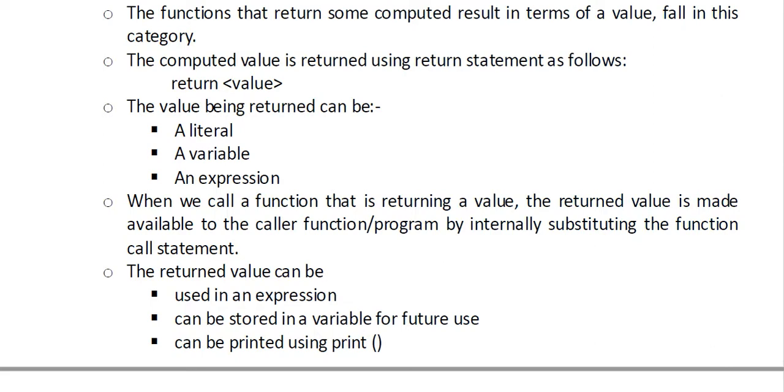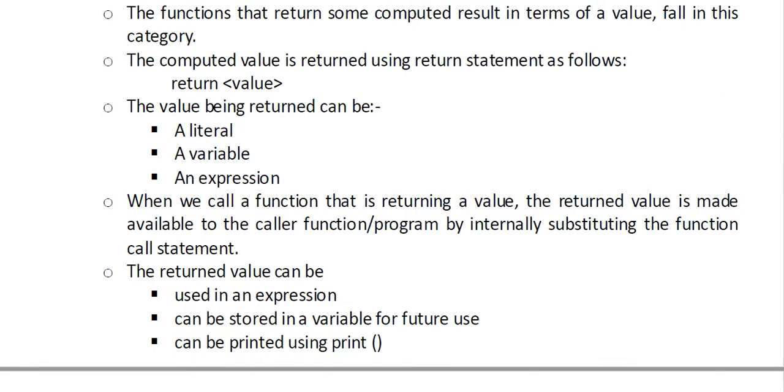Okay, so the first one is used in an expression. You can have a function call in between a large expression. Okay, suppose you have written 3 plus square bracket 5 plus 3. That means you are calling the function square and adding it to some additional number. So what will be the result?